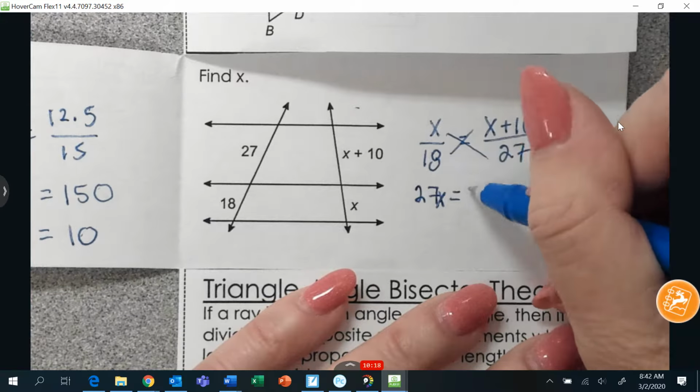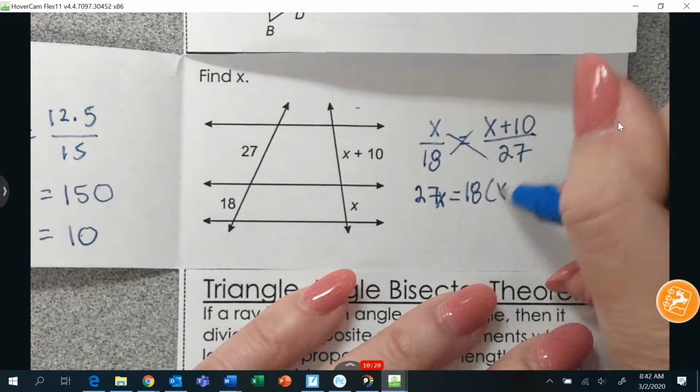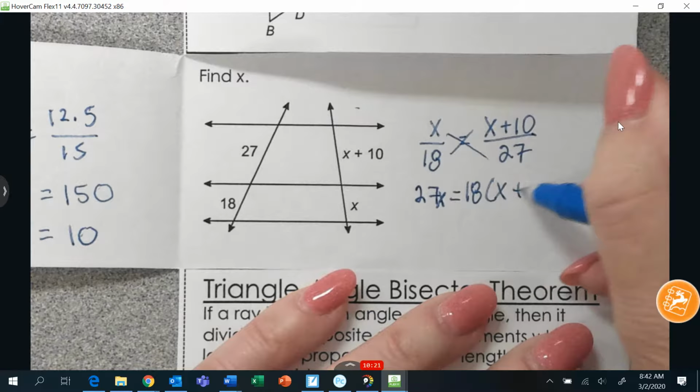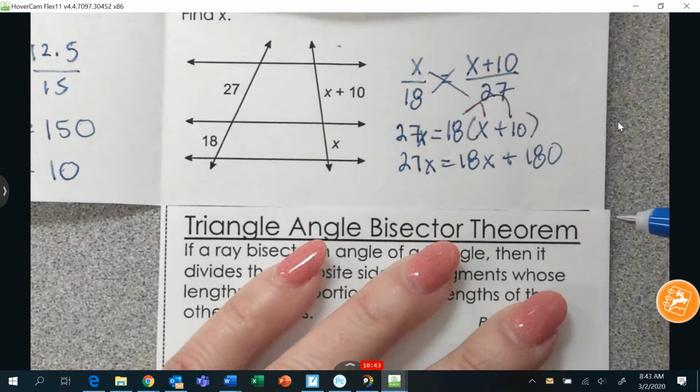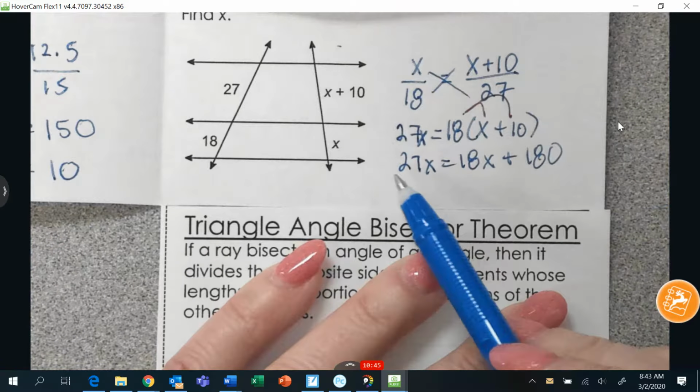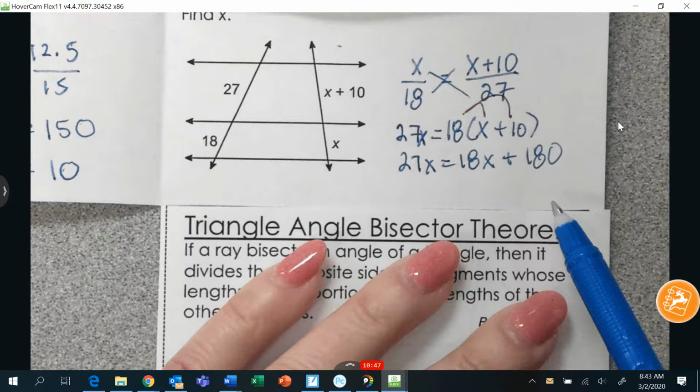Right, I'm going to have to distribute. I'm just going to write it without distributing it first. I'm going to have to distribute that 8. Rakaya, if I have x's on both sides, what should I do?